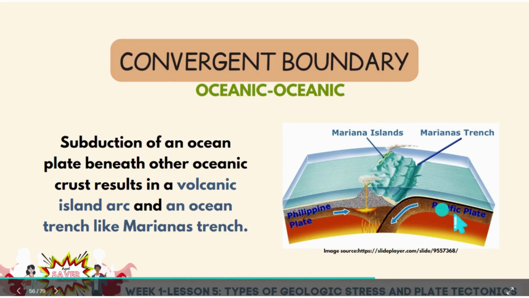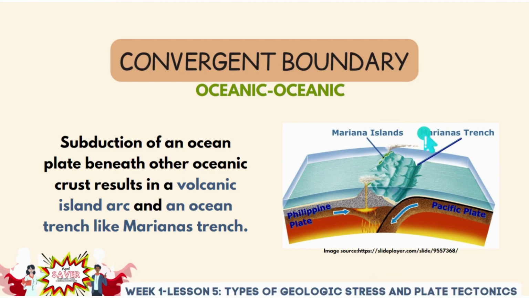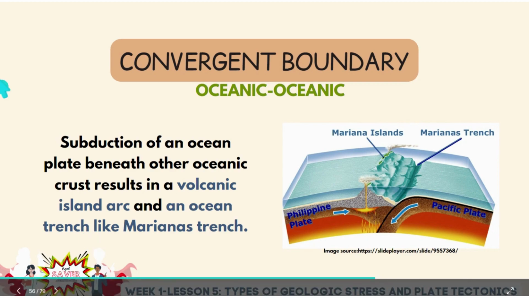Katulad na lang ng Philippine Plate at Pacific Plate, kung saan ang Pacific Plate ay nagsasubduct. Yung subduction zone na yan, yun yung tinatawag natin na Marianas Trench. At yung mga volcanic island arcs na nabuo, tinatawag naman na Mariana Islands.